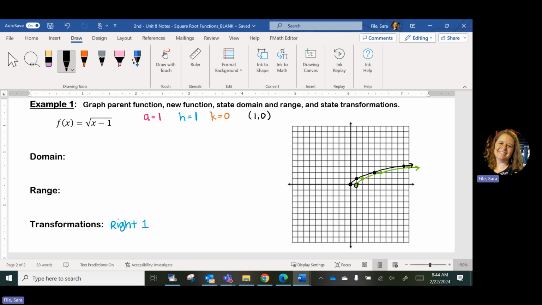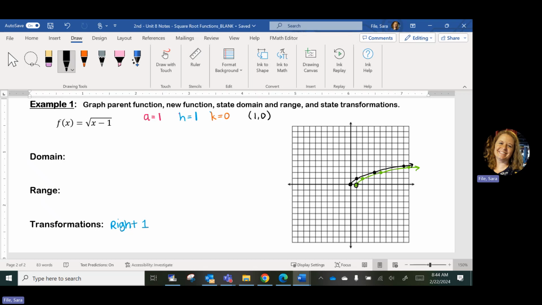So from that point, you could measure over to the other points from there. You could say, well, the square root of 1 is 1. Okay, the square root of 4 is 2. I went over 4 up 2, or over 9 up 3. So you can do it by shifting from the parent function. You can do it from identifying the vertex and then applying the stretch or compression if there is one.